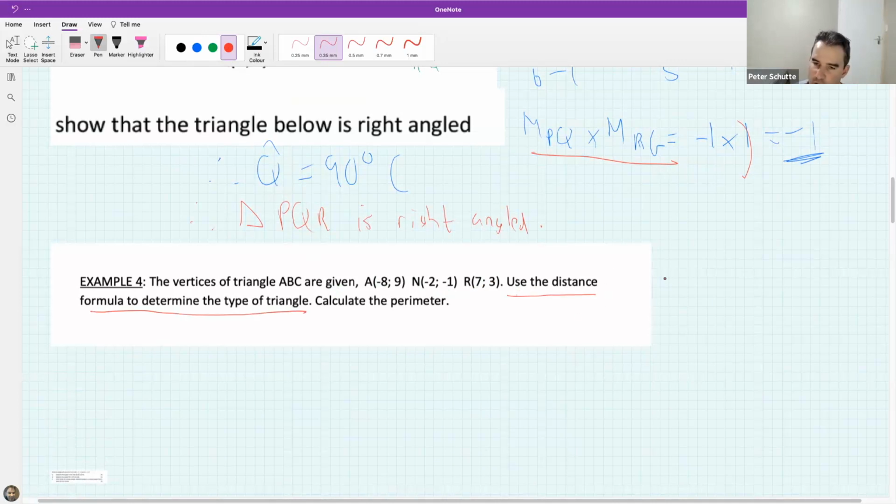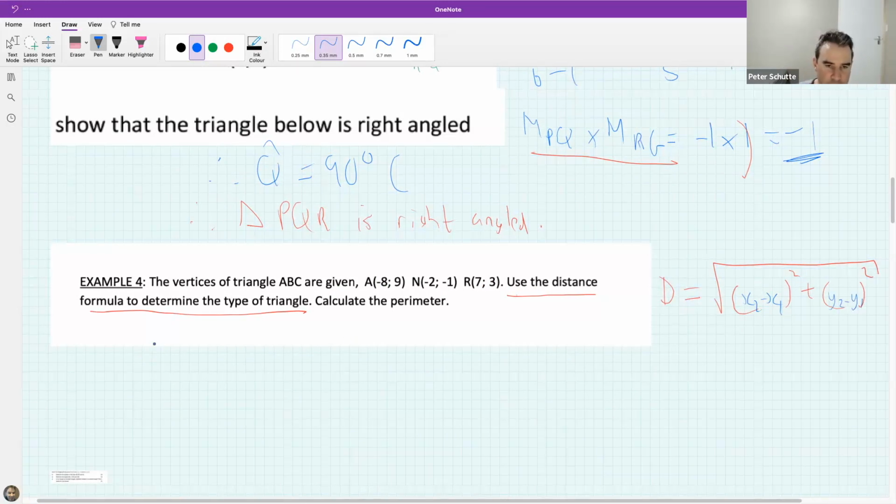And for those who weren't around in lesson 1, the distance formula is something that we use to find the distance between points. And it goes like this. It has 2 brackets that have squares, and then we go x2 minus x1, y2 minus y1.